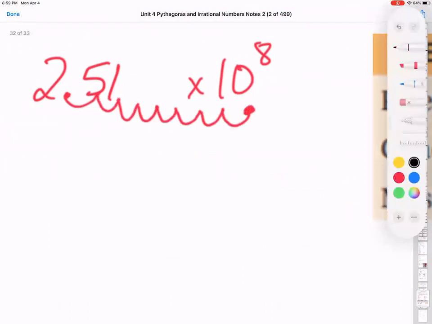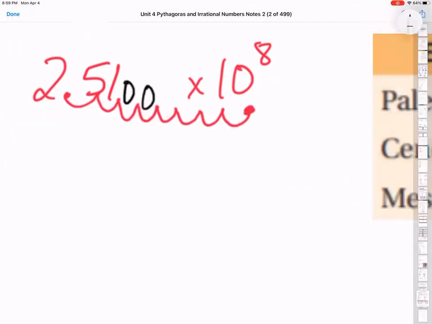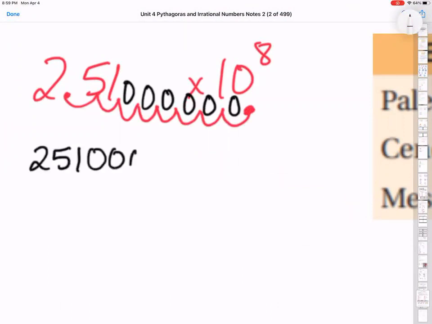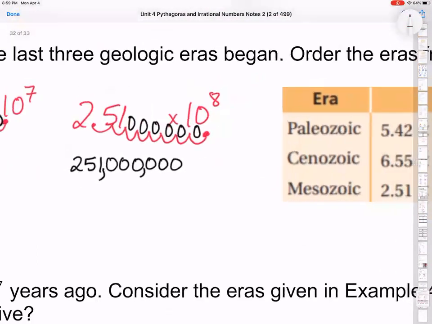And then we fill in our zeros. So we end up with 2, 5, 1, and then 6 zeros afterwards: 3, 4, 5, 6. So 251 million years ago for the Mesozoic.